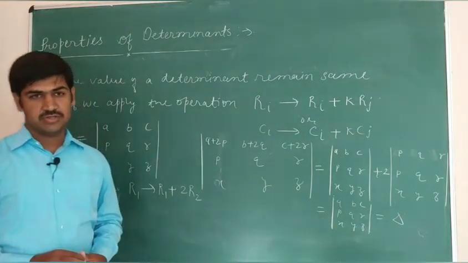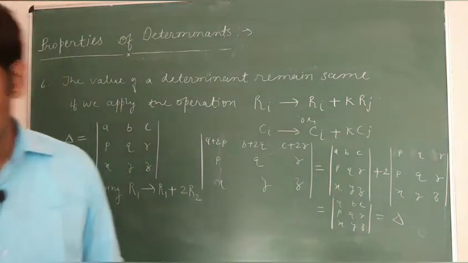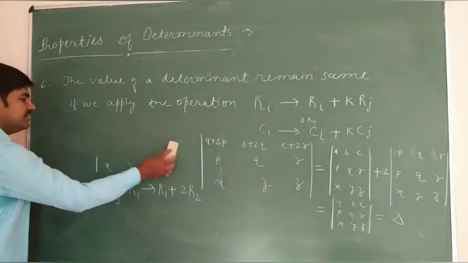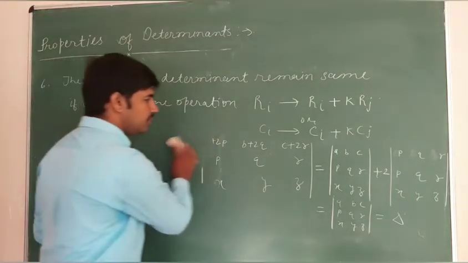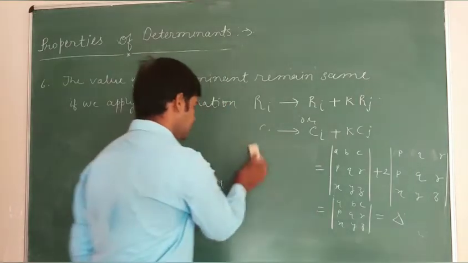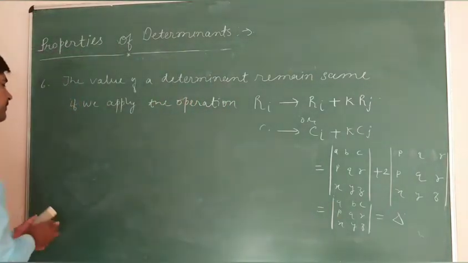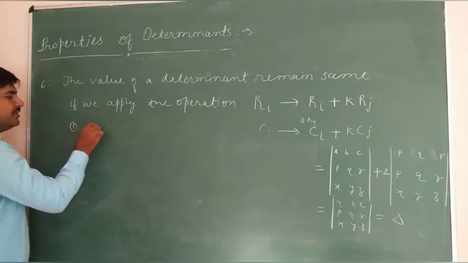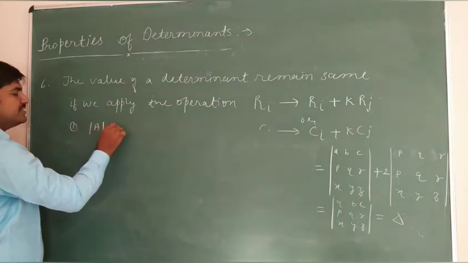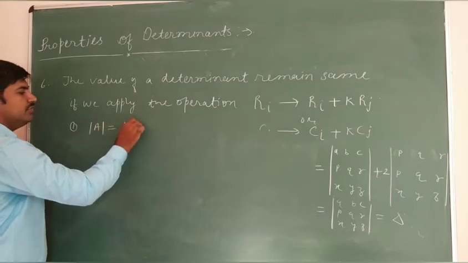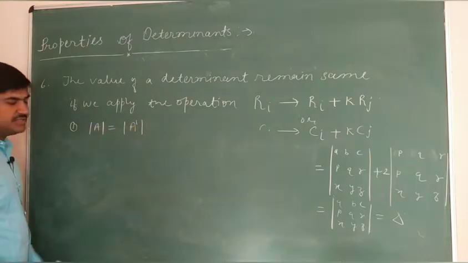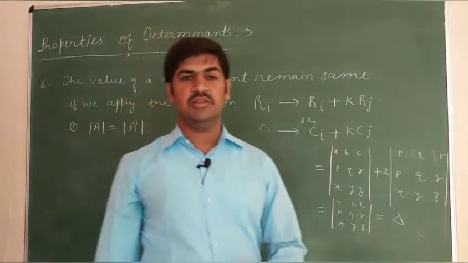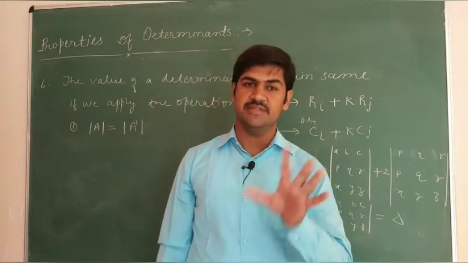I am sure you have understood it. Now I would recall all of the properties of determinants. Dear students, you need to keep all of the properties in your mind together. What are the properties? The first property of determinants was, determinant of a square matrix A is equal to the determinant of its transpose. Means if we interchange the rows and columns of a determinant, the value of determinant remains unchanged.